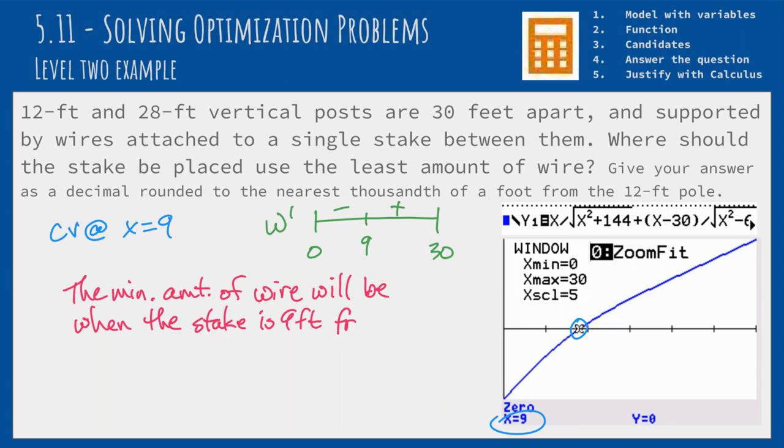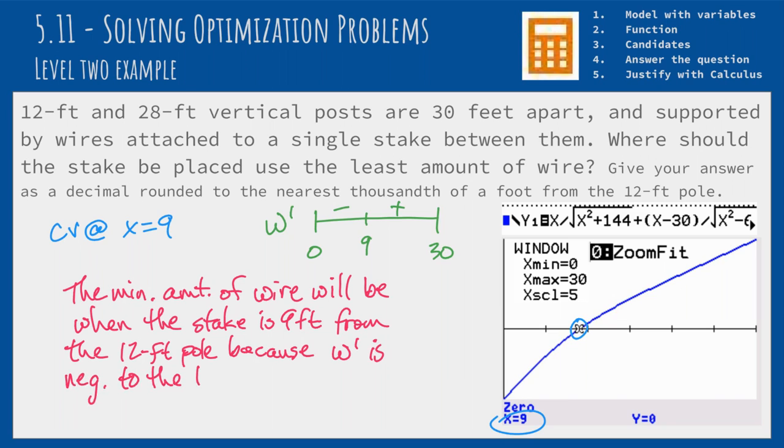So 9 feet from the 12-foot pole, because W prime is negative to the left of 9 and positive to the right of 9. So I gave my answer, but I also explained why that answer is giving us a global minimum.